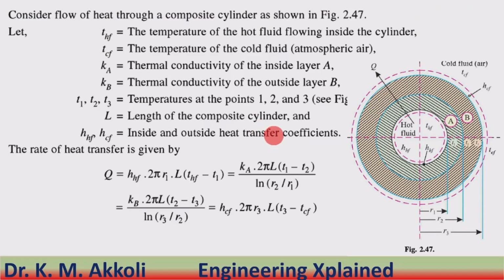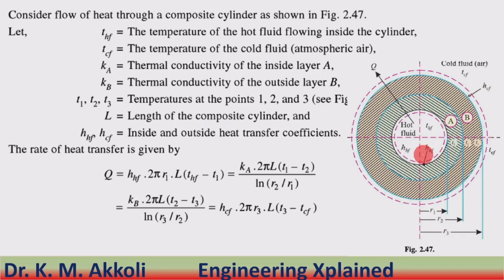Okay, here is the consideration. Consider flow of heat through a composite cylinder as shown in the figure. And for that, all the temperatures are mentioned. THF is the inside hot fluid temperature, and T1 is the inside surface temperature, T2 is the contact surface between the two composite cylinder walls, and T3 is the outside surface temperature of the cylinder, and TCF is the cold fluid temperature.